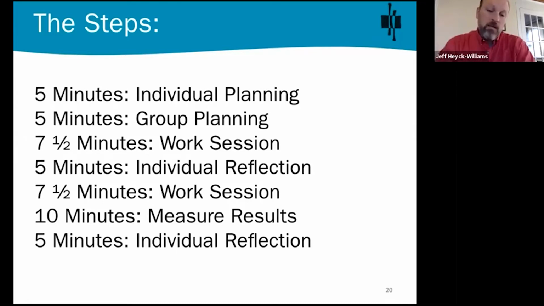But then the key thing again is that they have a last opportunity to reflect and make their thinking visible again. And so that individual planning at the top, the individual reflection in the middle, and the individual reflection at the end is really the core of the assessment, because that is where kids are going to be creating evidence of how they are thinking through a problem and what they're doing effectively in their problem solving.